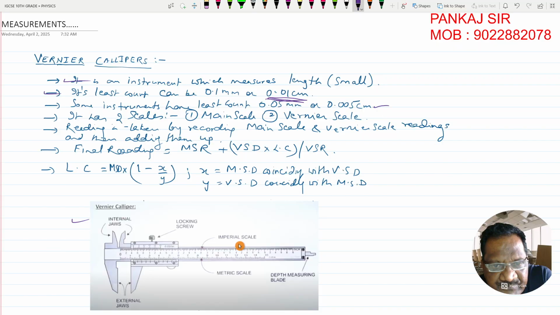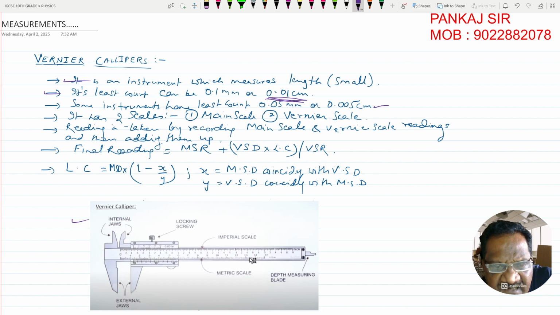Now, this imperial scale has nothing to do with we people. The scale at the bottom, can you see here, is marked in centimeters, right? So can you see it is 1 centimeter, 2 centimeter, 3 centimeter, up to around 15 centimeter, right? So 14 or 15 centimeter is marked.